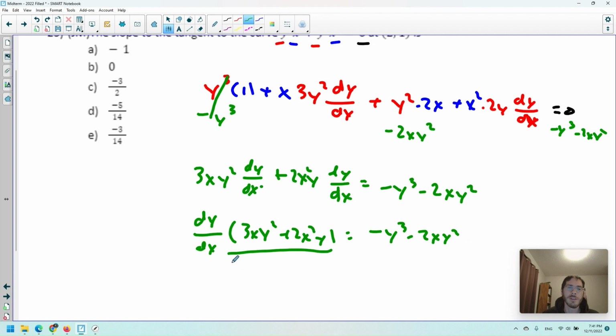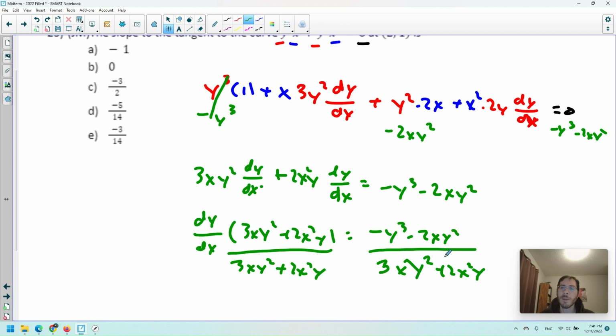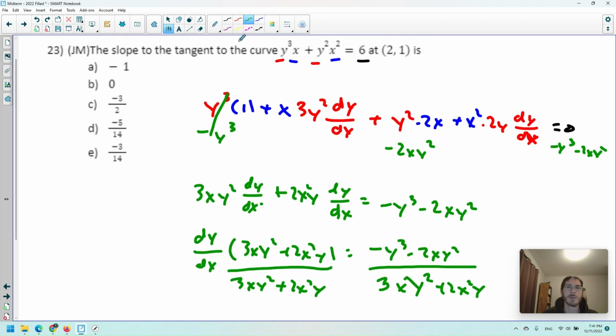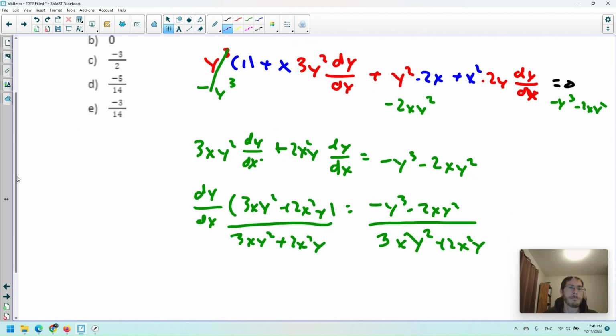Divide everything by this 3xy squared plus 2x squared y. And now we have to do one more part. We have to plug in 2 and 1. So this is x and this is y.